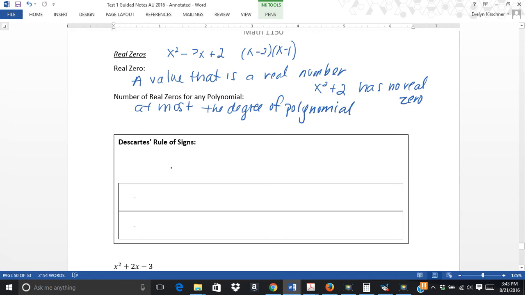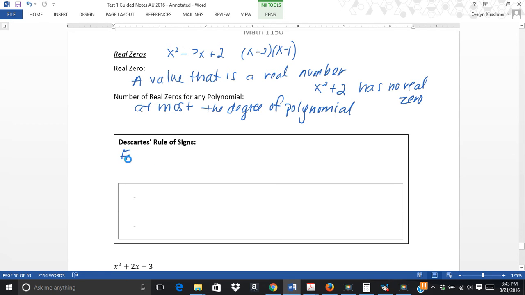Okay, so sometimes what we want to do is know the number. This helps us determine the number of positive and negative real zeros. So is it a positive zero? Is it a negative zero? Because we're going to have to figure out a way to calculate them, it's nice to know how many we have of each.